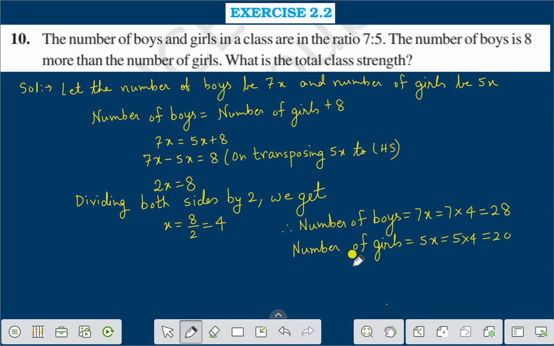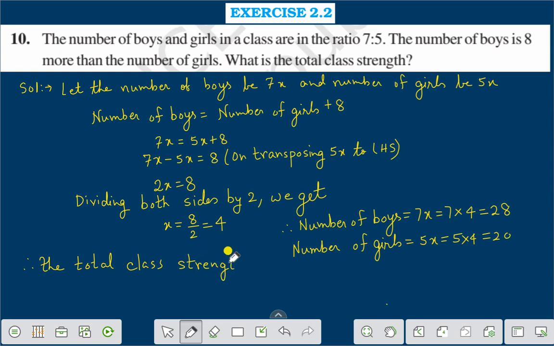right? Therefore, hence what is the total class strength?